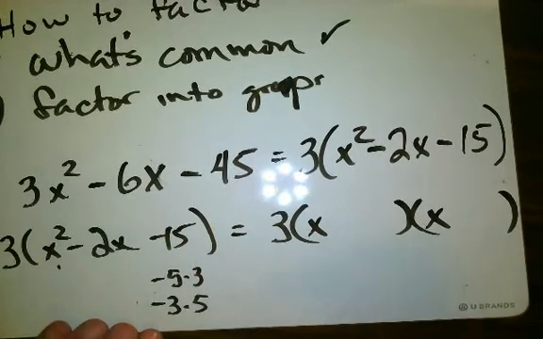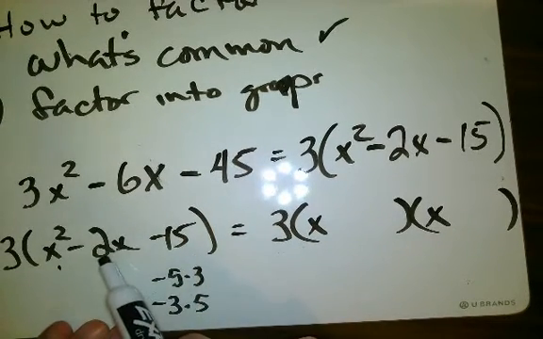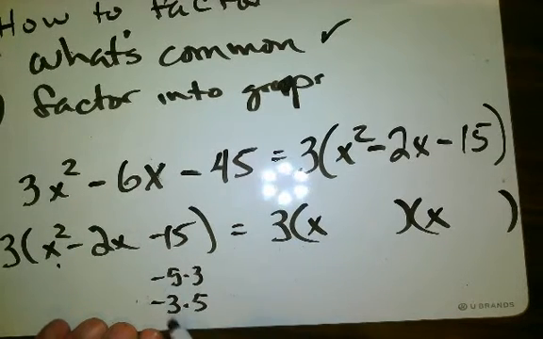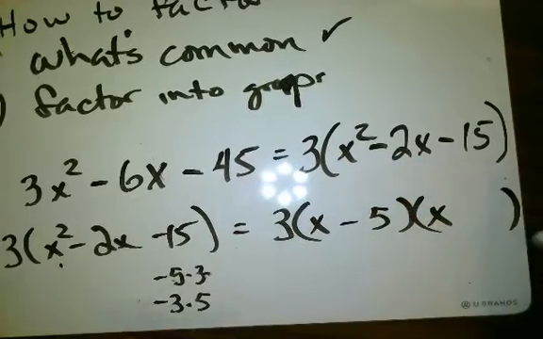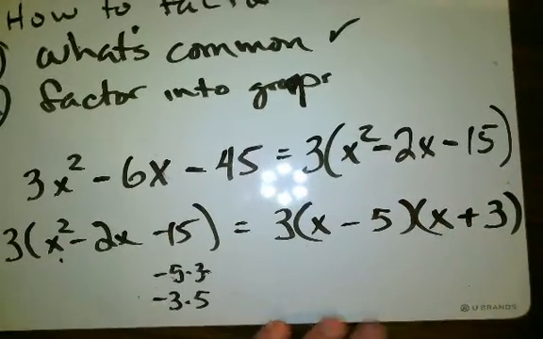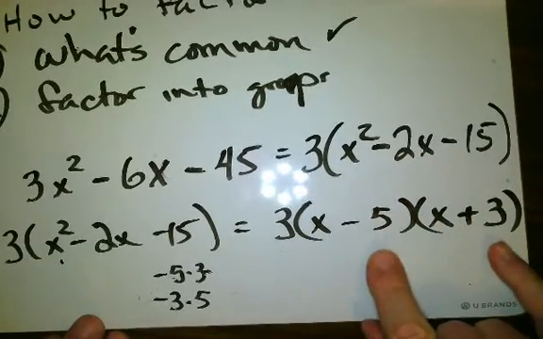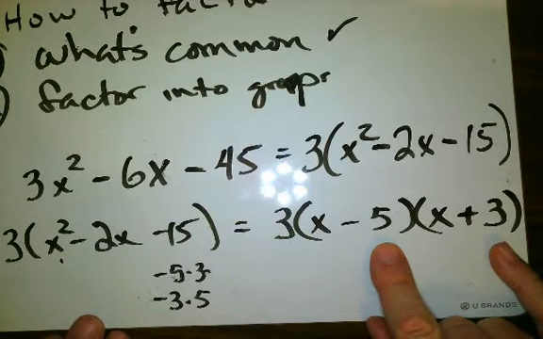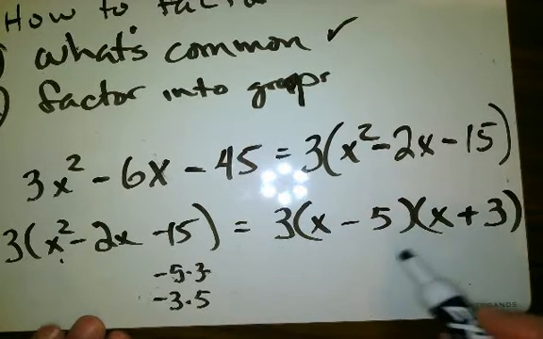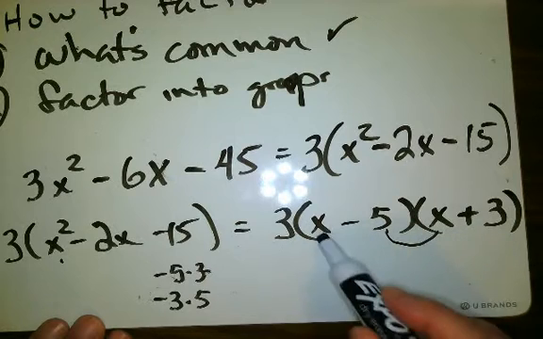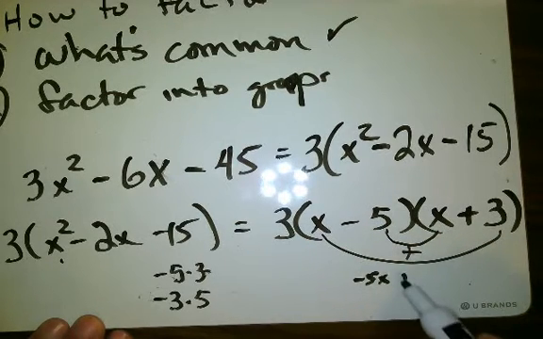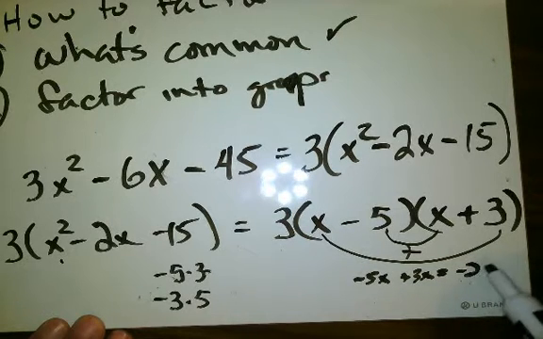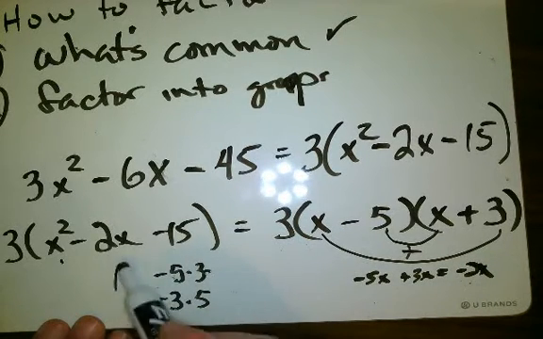You could even have 1 and 15, but 1 minus 15 doesn't make 2. So, this one makes positive 2, that one makes negative 2, so we're going to say minus 5 and plus 3. Now we know it works because these two together multiply to be negative 15, and if I add the inside plus the outside, that's negative 5x and positive 3x, that's negative 2x, which is exactly what we wanted it to be.